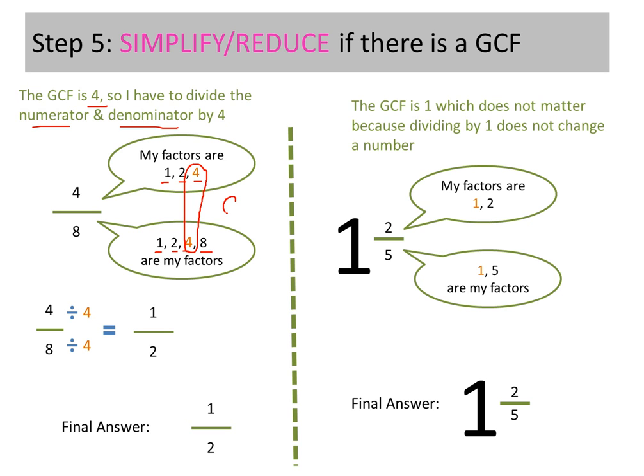So we have the greatest common factor. That means I can divide the 4 by 4 and the 8 by 4, like I do down here. Let's take a look. 4 divided by 4 is 1. 8 divided by 4 is 2, meaning that 4/8 reduces or simplifies down to 1/2 as our final answer.